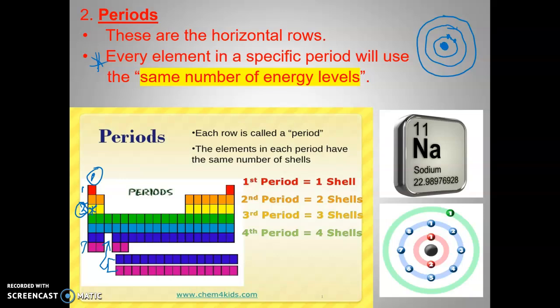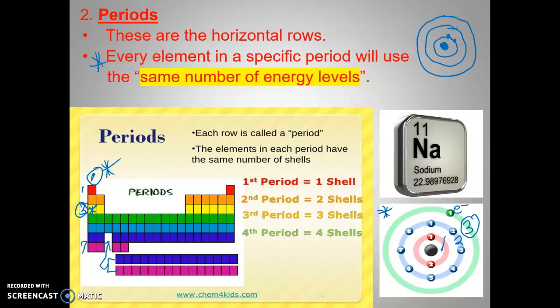to say it. So over here in this diagram, you could see that sodium is going to make use of 1, 2, 3 energy levels, and it's in the third period. And in its outer valence shell, which is this third ring, it only has one electron, which correlates back to, again, here being in the first period, or I'm sorry, the first group or column.